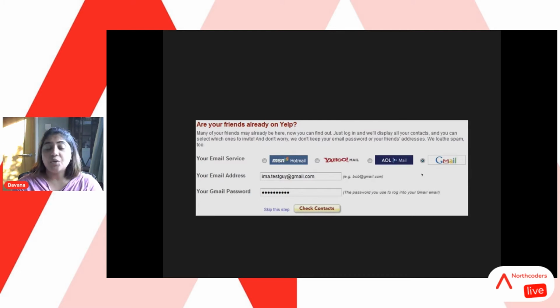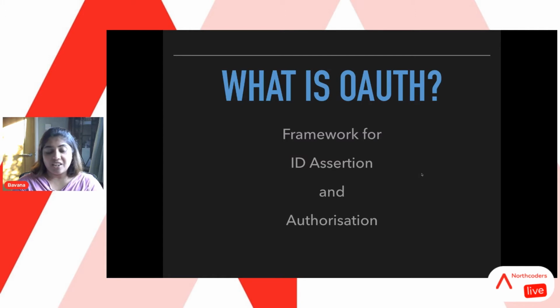If you are already on Gmail or one of these other partnership services that you're using, then you can use the credentials that you have used to log into their account, and you can get into ours. So this is where OAuth comes in.